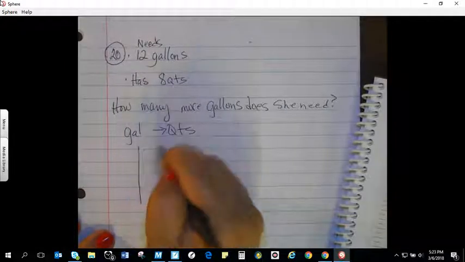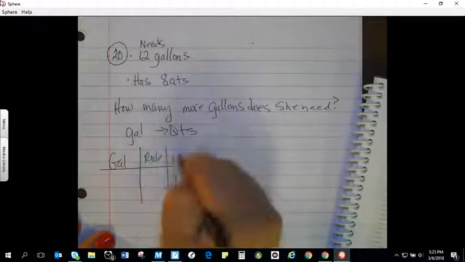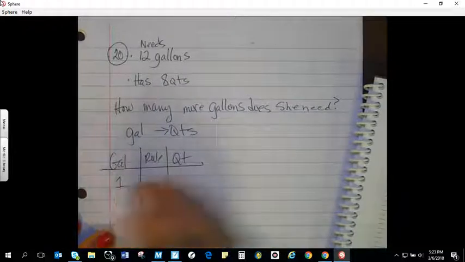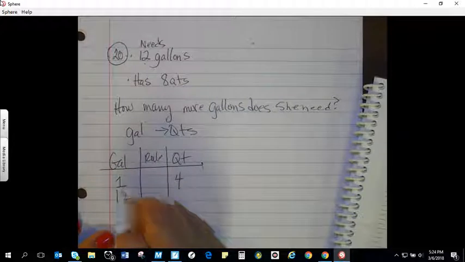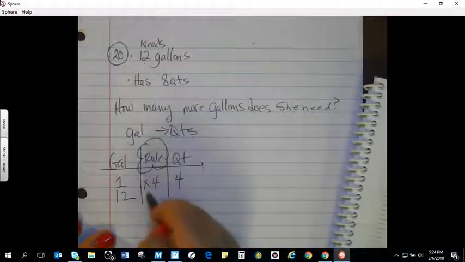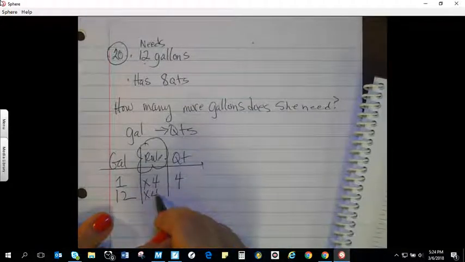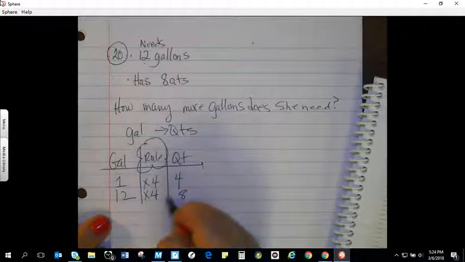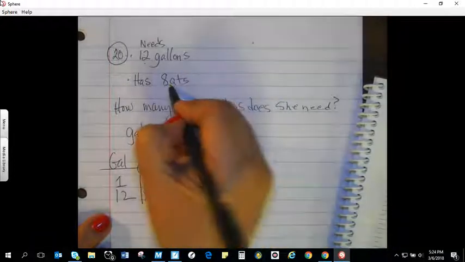So I'm going to make my chart again. For my rule, I have gallons and quarts. For every 1 gallon, it's 4 quarts. She has 12 gallons, and I multiply that by 4. That's my rule. I need to multiply. So 12 times 4: 4 times 2 is 8, 4 times 1 is 4. So I have 48 quarts. Now, can I subtract out? Yes.